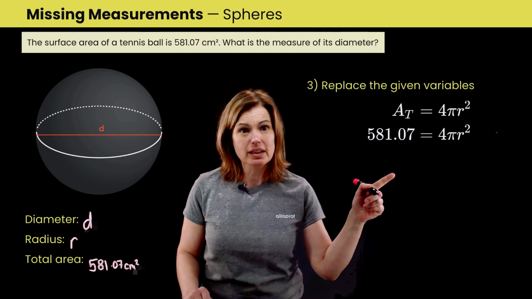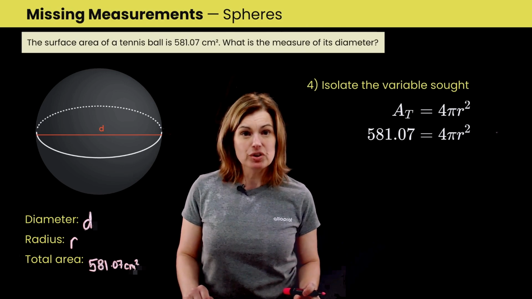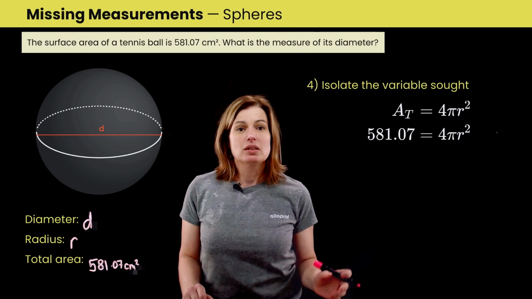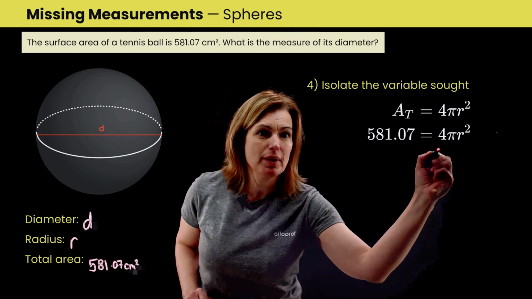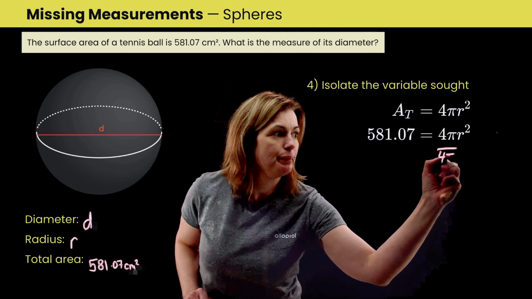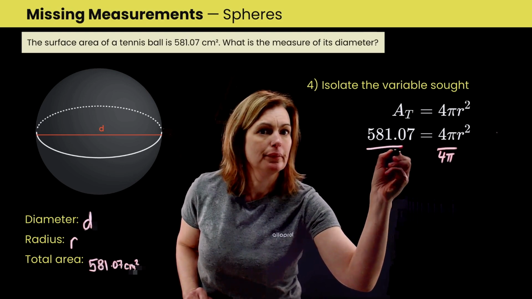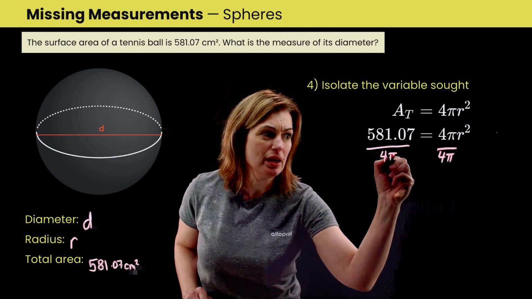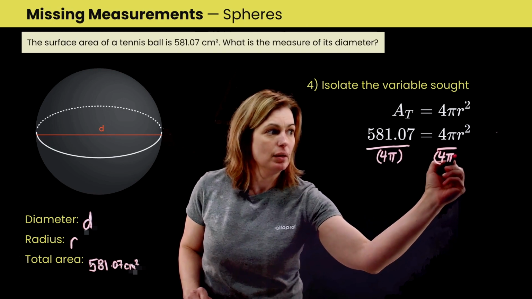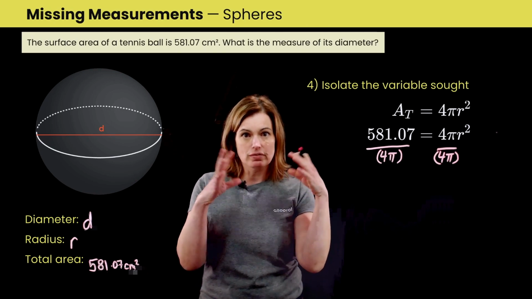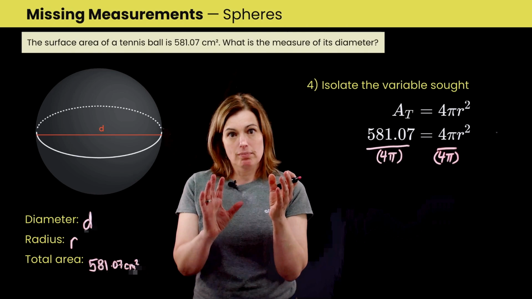Now, to isolate the variable, which is the next step that we're going to have to do, we're just going to take both the left and right side and divide them by the 4 pi. And sometimes your calculator is going to need you to put brackets around that to make sure that you're dividing everything by the 4 multiplied by pi.